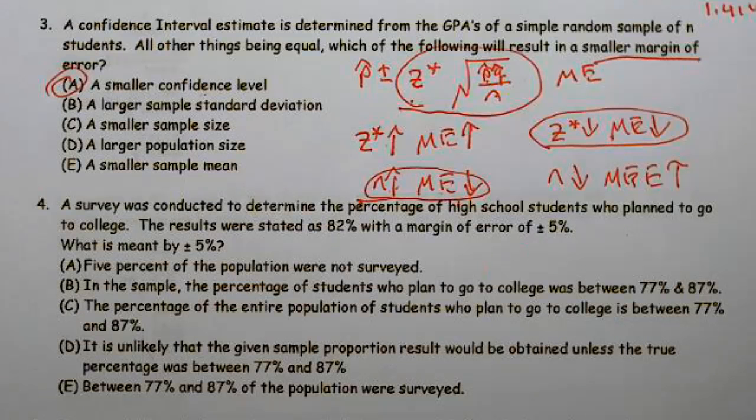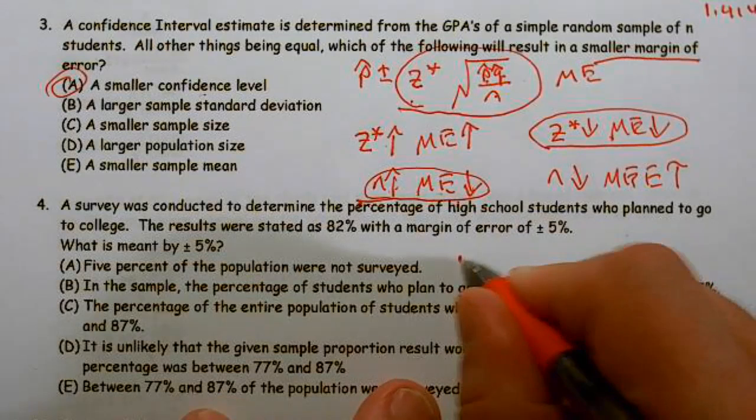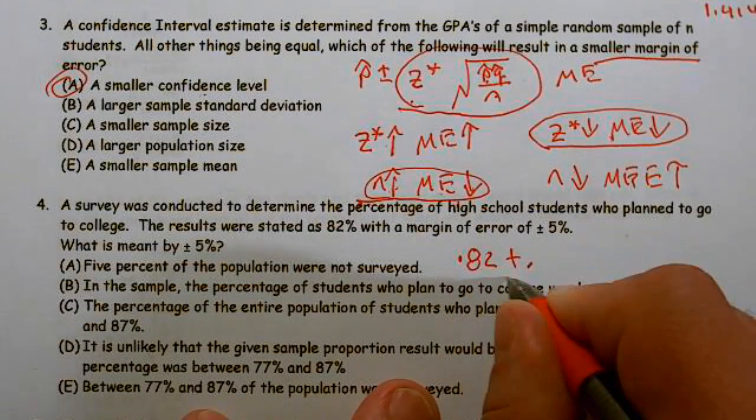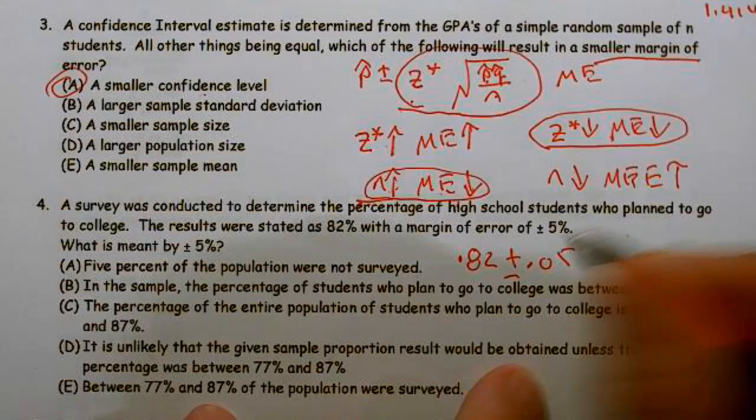So number 4, a survey was conducted to determine the percentage of high school students who plan to go to college. The results were stated as 82% with a margin of error plus or minus 5%. All right, so what is meant by plus or minus 5%? So what they're saying is it's 0.82 plus or minus 0.05.